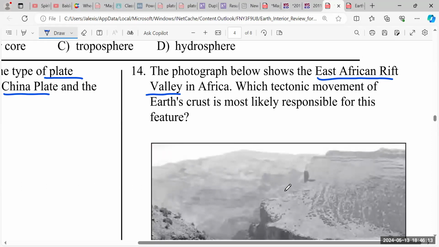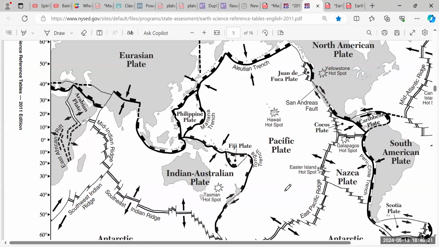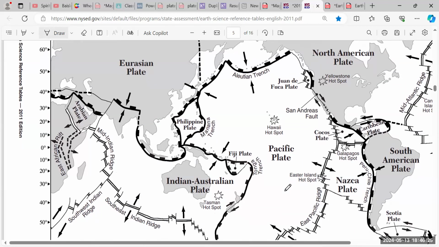And so even if you forgot what plate boundary creates rift valleys, let's take a look on the reference tables. I'm looking at the East African Rift Valley, which is located right here. Now, what do you notice about the direction that the plates are moving?